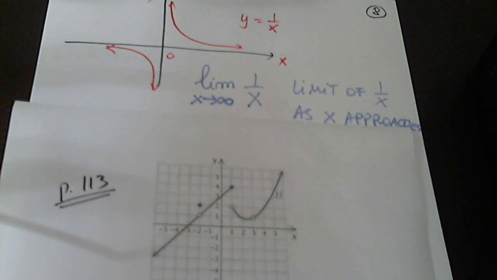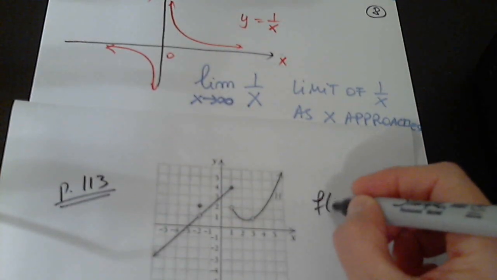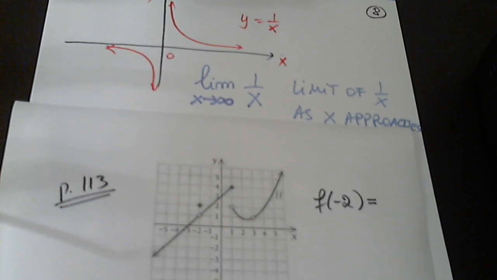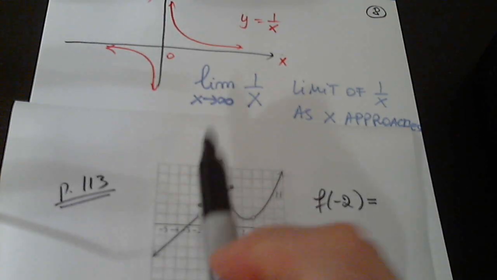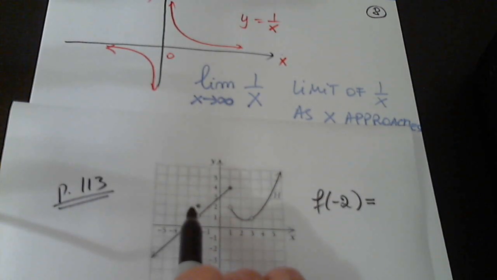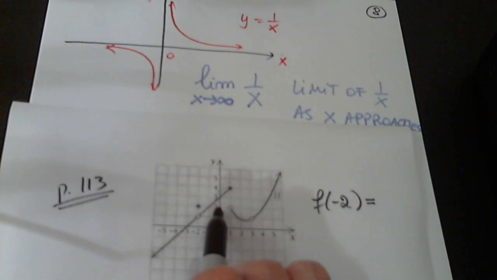Okay. First question on this graph: how much is f of -2? Careful, we are looking for full points. F of -2 is indeed 2.